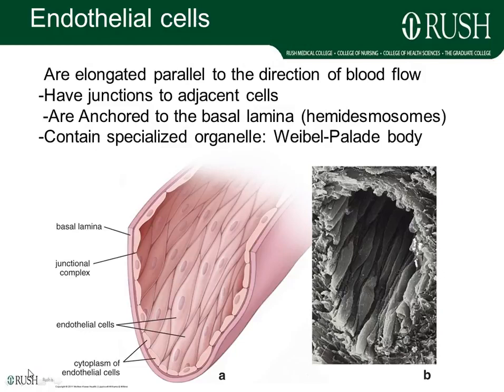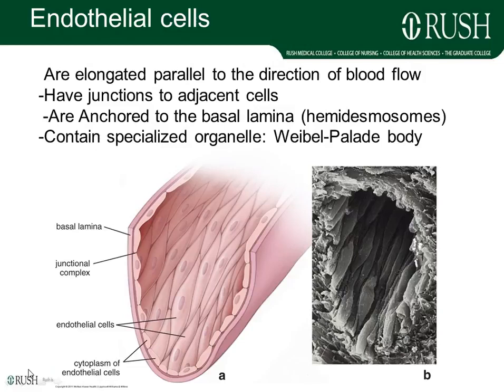Now let's take a closer look at the cells that line all of these systems, the endothelial cells. They structurally are usually elongated parallel to the direction of blood flow, and as mentioned previously, they're almost always attached to one another by a variety of junctions. They are anchored to their underlying basal lamina by hemidesmosomes, because essentially they're epithelial cells, just like the epithelial cells we studied way back in Foundations of Medicine.